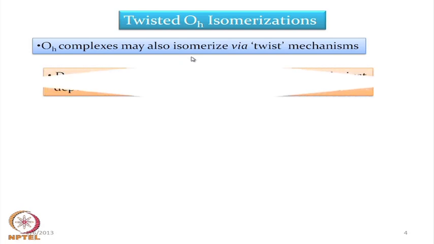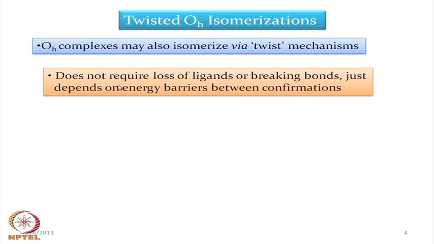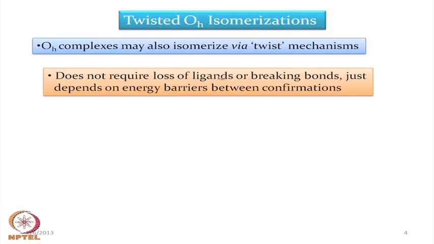So, how does it take place? It does not require loss of ligands, which is very interesting, because in previous cases we saw that the octahedral complex leaves one ligand, giving rise to a pentacoordinated situation, and in that pentacoordinated situation we get a geometry of either a square pyramidal or a trigonal bipyramidal one.